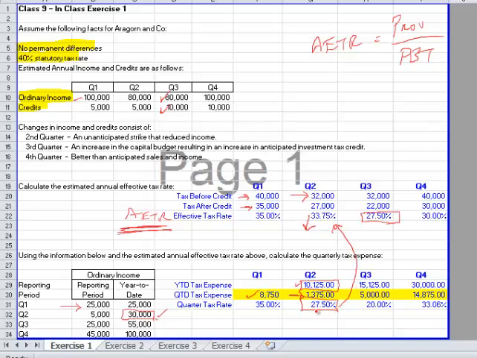Well, the problem is that 27.5 was catching up for the high rate in Q1. So really what you have to do in Q3 is catch up for the fact that on a year-to-date basis, as of Q2, you were using this rate. So you have a long way to go to get from 33 down to 27. And so mechanically, you're going to take your new AETR of 27, multiply it by the 55,000 of 9-month income, and that will give you a 9-month provision.